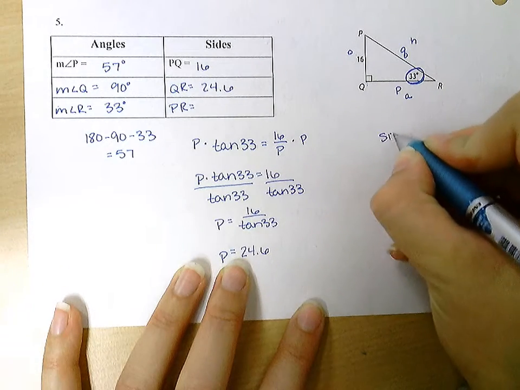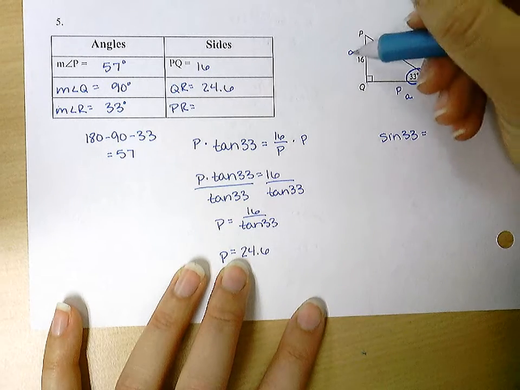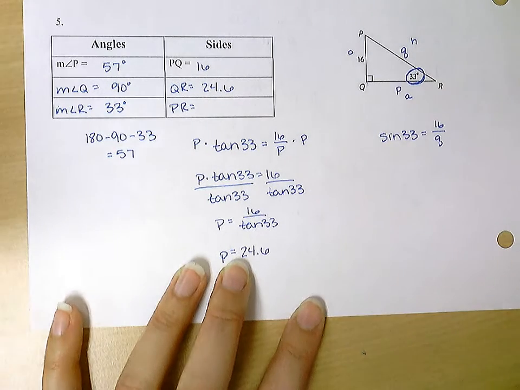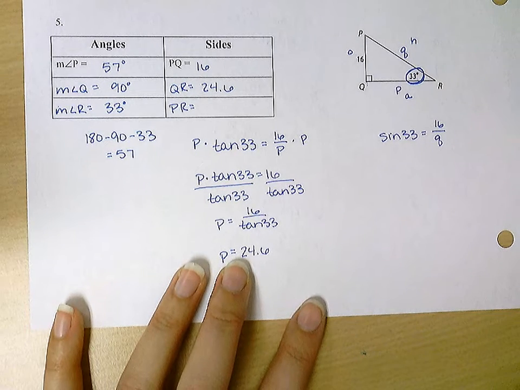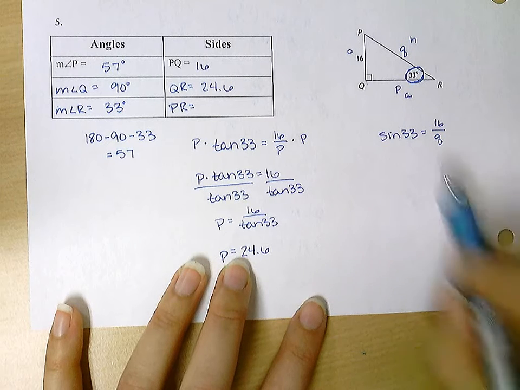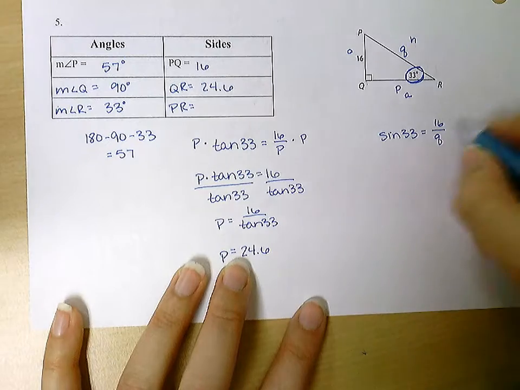So I'm going to use sine of that angle, which is 33, equal to that opposite side of 16 over the hypotenuse, Q. When solving this type of problem, you already have the angle, so you do not bring in the inverse. You only bring in the inverse if you have a variable attached to sine, cosine, or tangent.